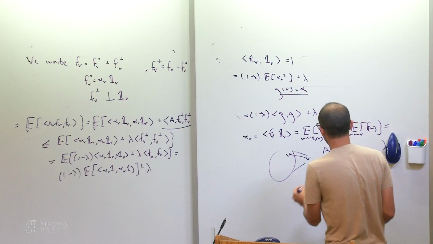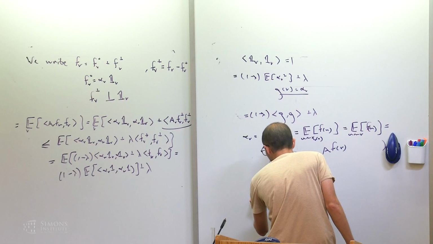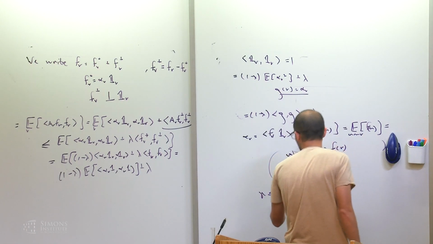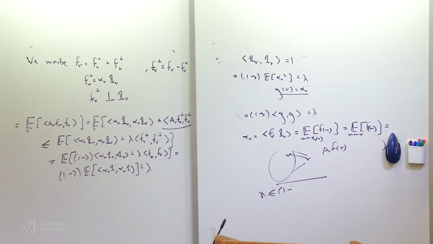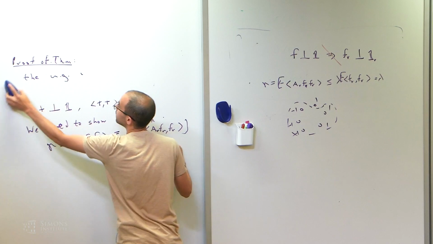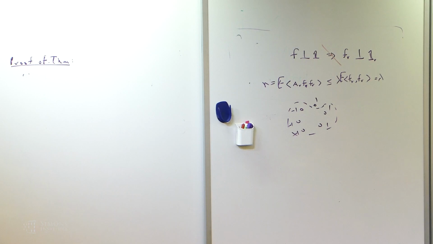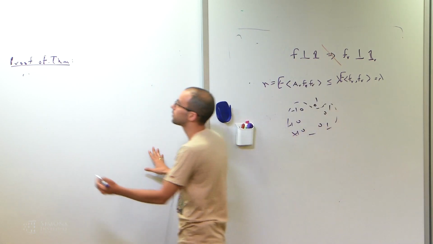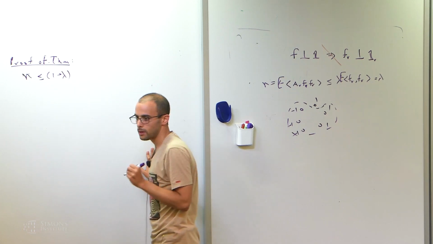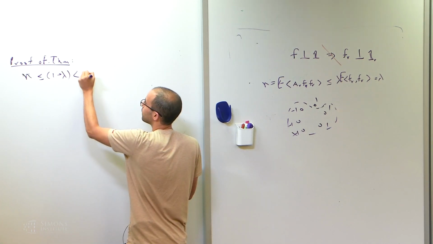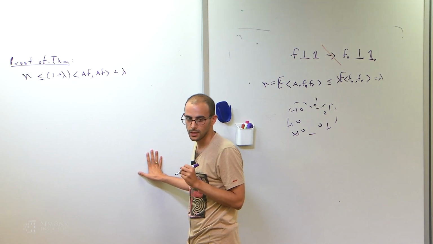So when we plug this back here, we get that gamma is less or equal to 1 minus lambda times the inner product of Af with itself, plus lambda.